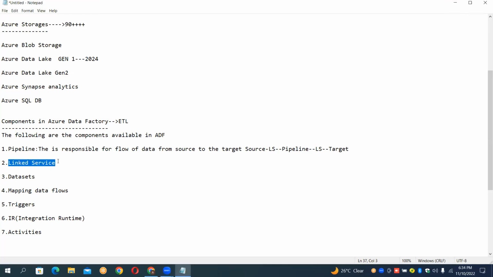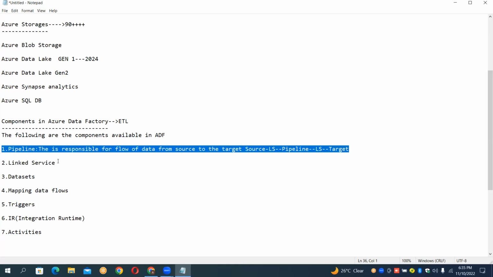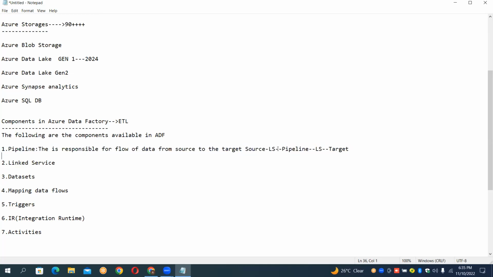So tell me now, guys, what is a pipeline? A pipeline is responsible for carrying the data from the source to the target. Whereas the source and target are connected to the pipeline by using the service called linked service. Am I right, guys, everyone? I want a reply from every one of you, please. Yes. Okay. Yes, sir.